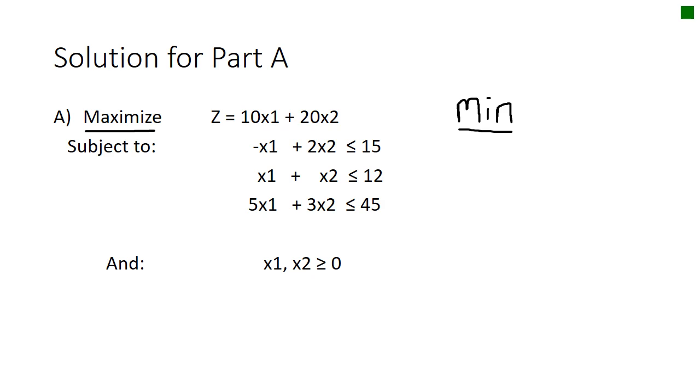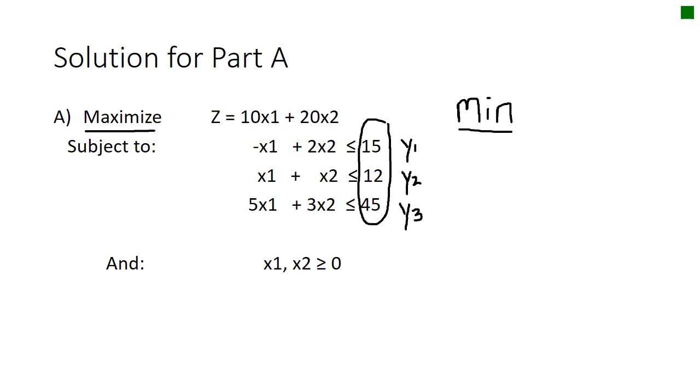Our objective function that we want to minimize in the dual problem is going to be based off of the coefficients of the constraints here. So we are going to say that this first constraint is like our y1, the second constraint is for our y2 variable, and our third constraint is like our y3.